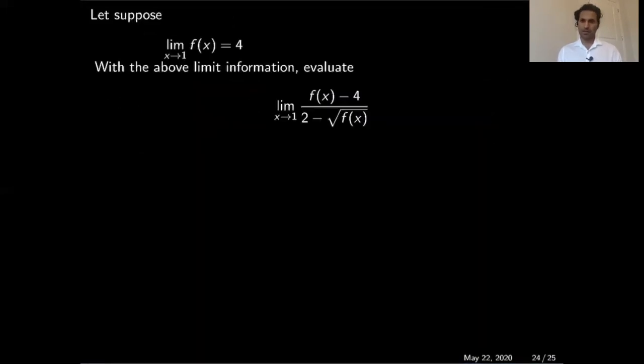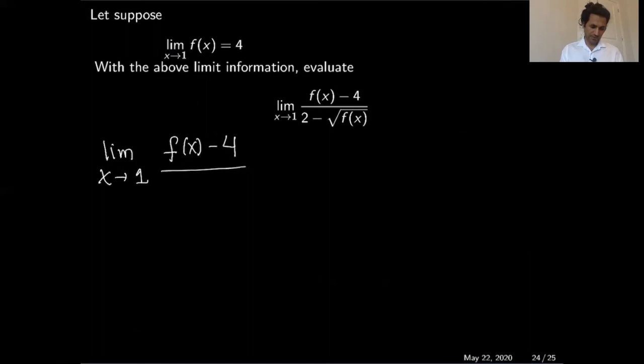Here I have one very challenging problem for us to practice, where we will calculate the limit of this function when the limit of the function at 1 is given. So the limit as x approaches 1 of f(x) minus 4 divided by 2 minus square root of f(x).